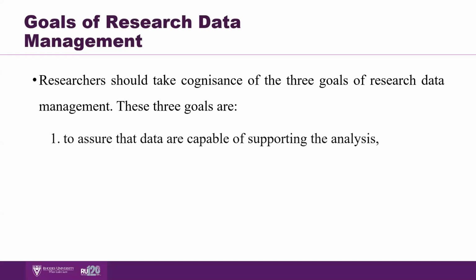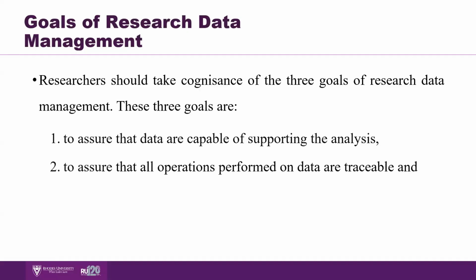Firstly, research data management exists so that a researcher can assure that data are capable of supporting the analysis of the research that they're conducting. Second, to assure that all operations performed on the data are traceable. So there's a provenance record.